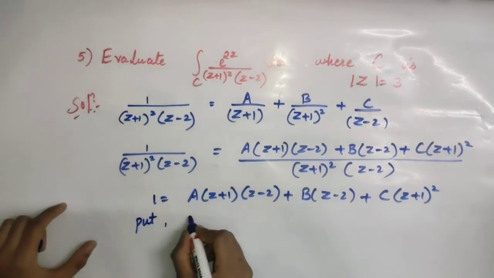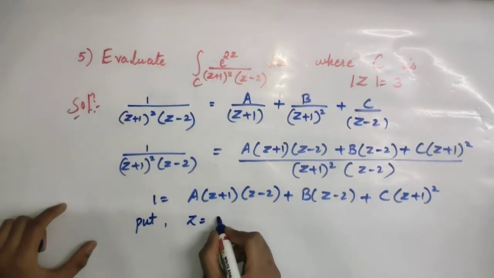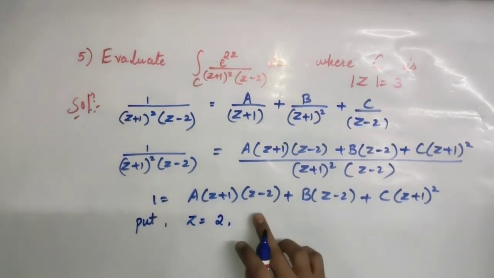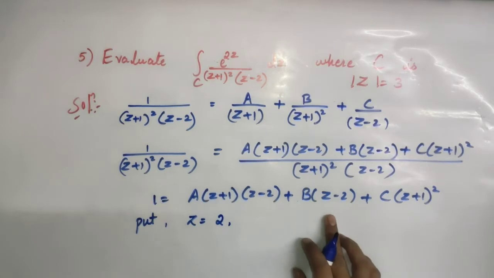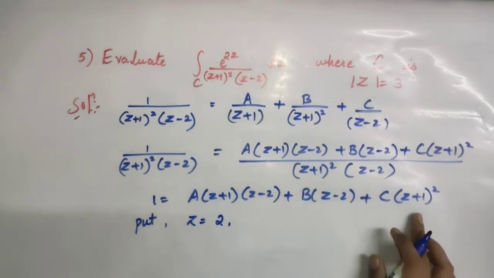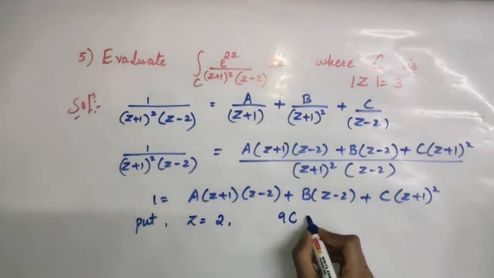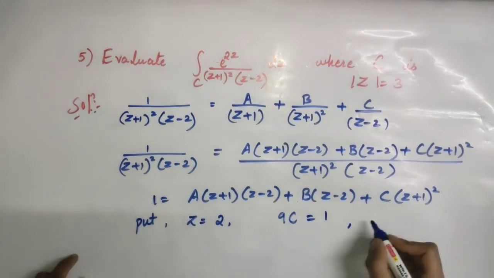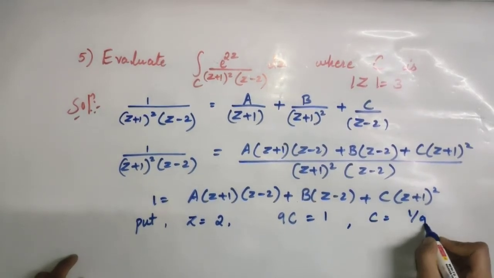First put z equals 2. If you put z equals 2, this term turns 0, this turns 0. You will have (2 plus 1) whole square, 3 square, it's 9c equal to the left hand side, which is 1, a constant. So c will be 1 by 9.